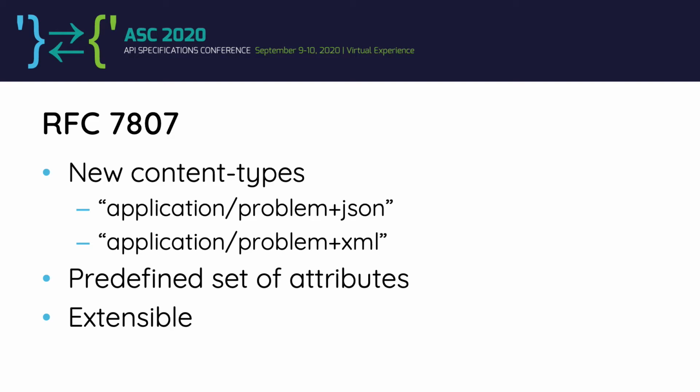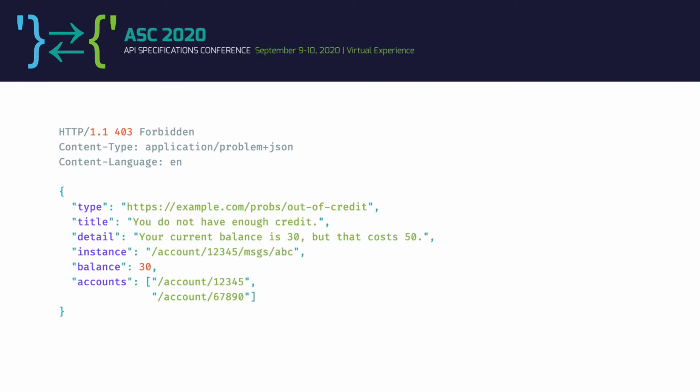The RFC comes with a predefined set of attributes that one has to return, and you can also extend those attributes. So if your use case doesn't fit in the predefined set of attributes, you can also add more. As you can see, the response contains a type, which is a URI to a definition to that error.